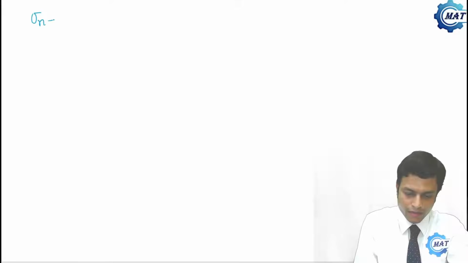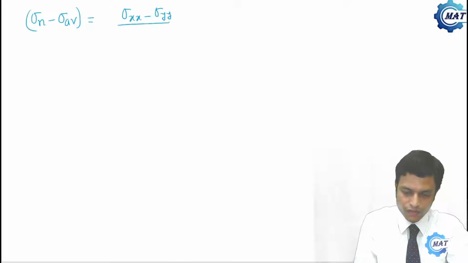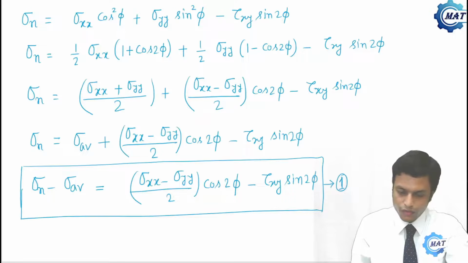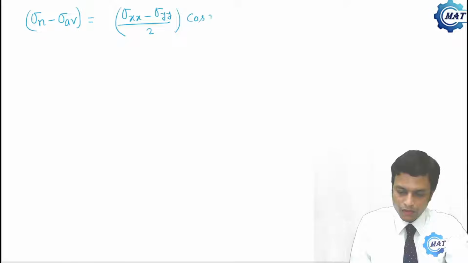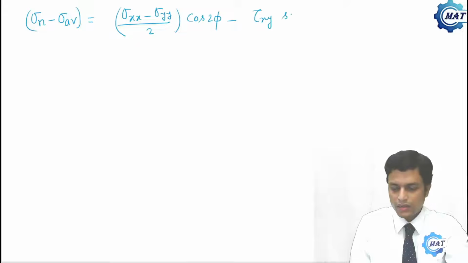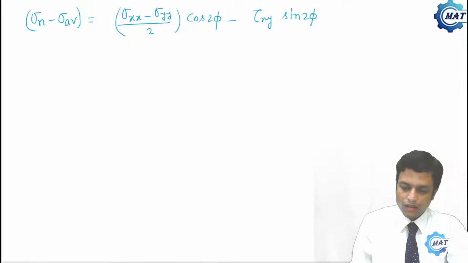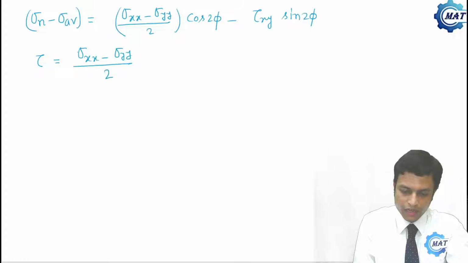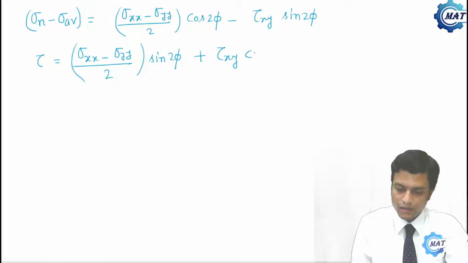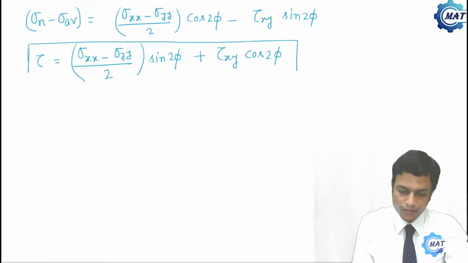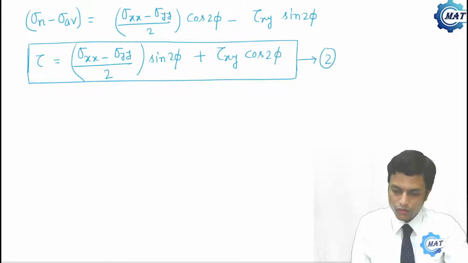Sigma n minus sigma average is sigma xx minus sigma yy by 2 cos 2 phi minus tau xy sine 2 phi, and tau is sigma xx minus sigma yy by 2 sine 2 phi plus tau xy cos 2 phi. So these are equation 1 and 2.